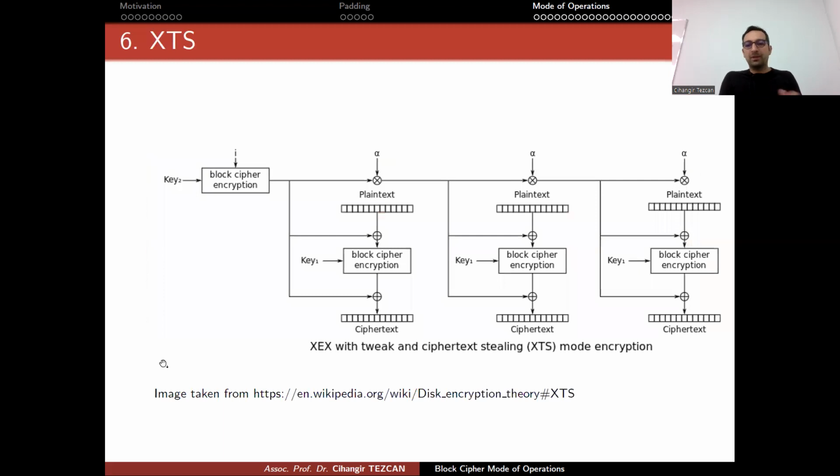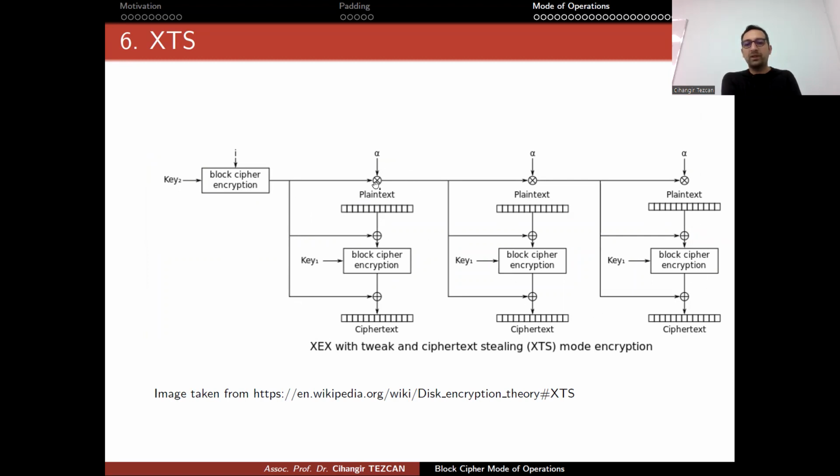So here's a picture. It starts with your secret key. Generally, you can use two different keys. You perform the encryption here, obtain the value here. So you encrypt every plaintext block, like here.